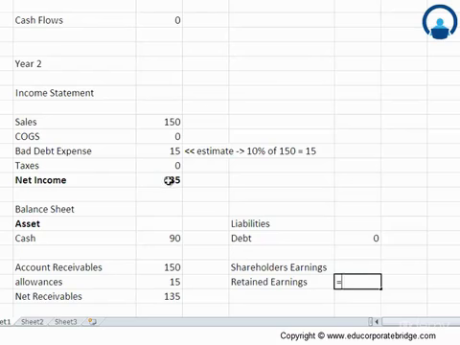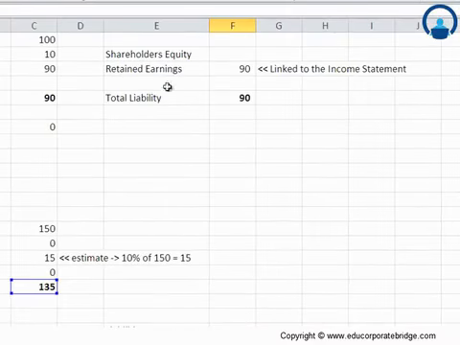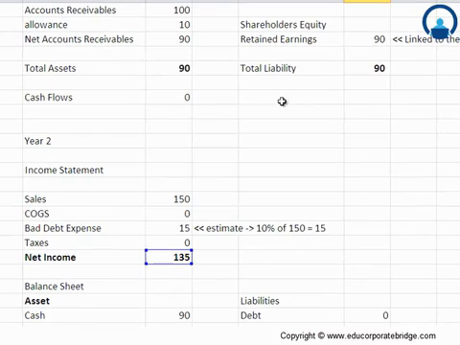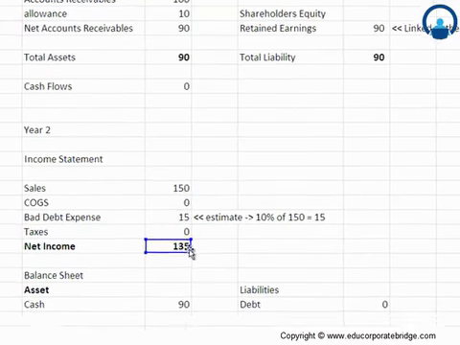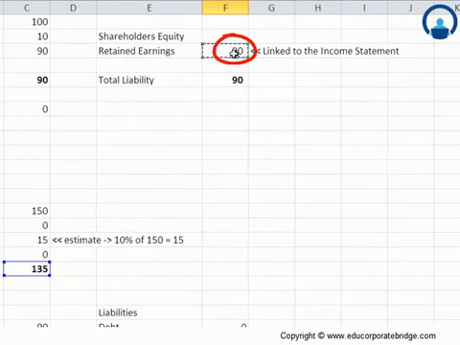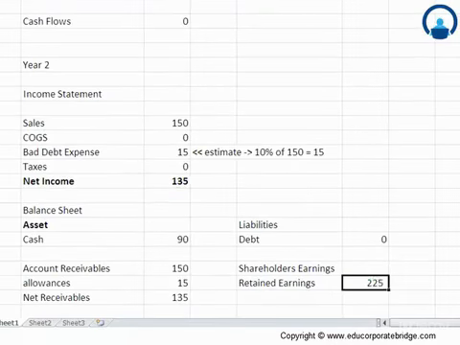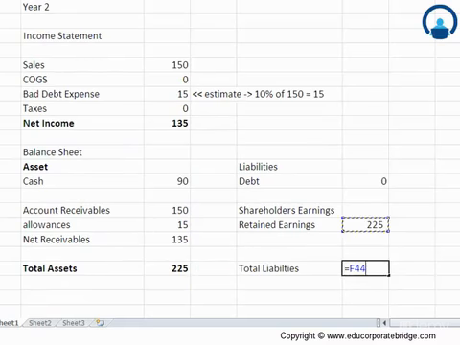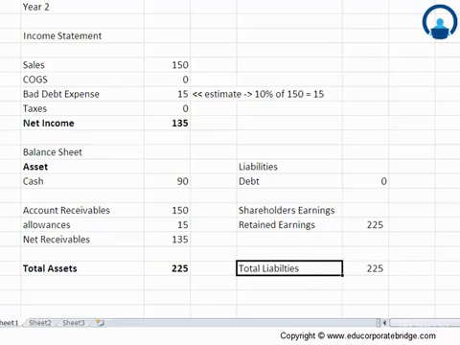The income statement net income is 135, and as we have discussed earlier, total retained earnings is retained earnings of the previous year plus the net income of the current year. So this is 135, which is the net income of year 2, plus the retained earnings of the previous year, which is 90. So this comes out to be 225. So our total liabilities here is 225 plus 0. So total assets are equal to total liabilities.